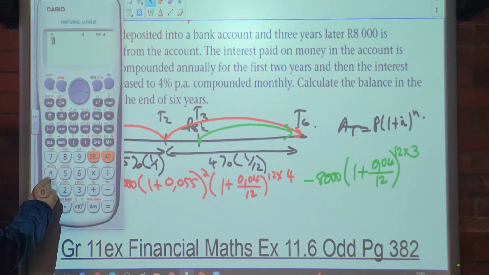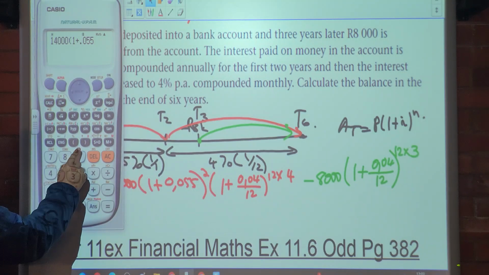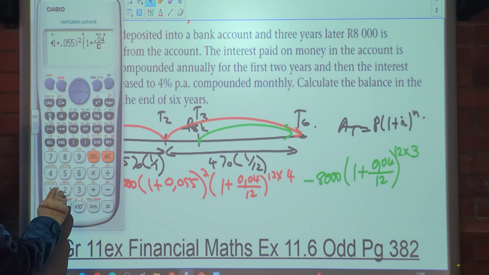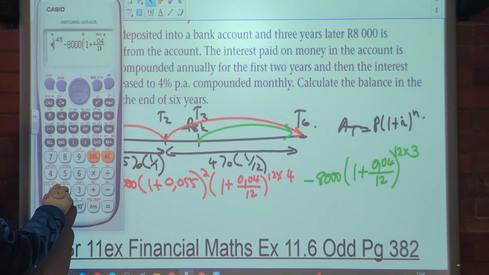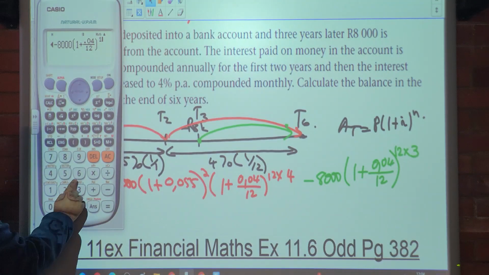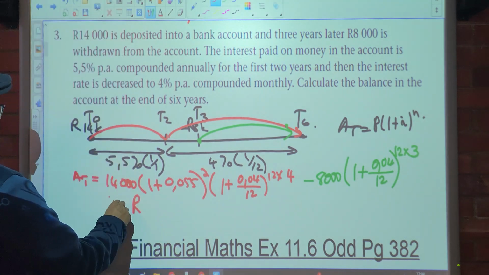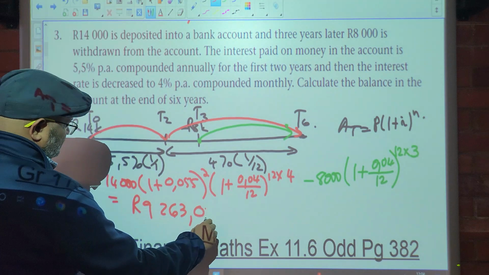Right, so that gives us 14,000 into 1 plus 0.055 to the exponent 2 into 1 plus 0.04 over 12 to the exponent 48 minus 8,000 into 1 plus 0.04 over 12 to the exponent 12 times 3, or 36. Is that correct? Yes, sir. It's 9,263 rand and 2 cents.